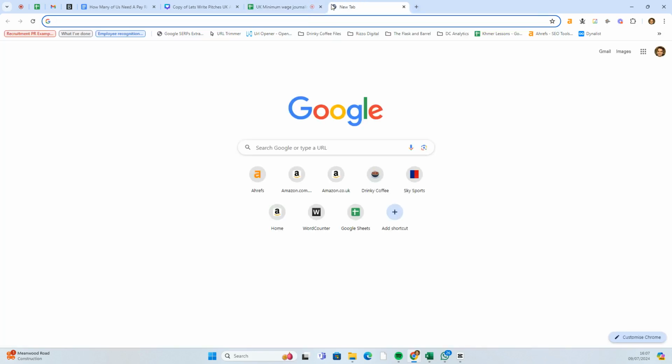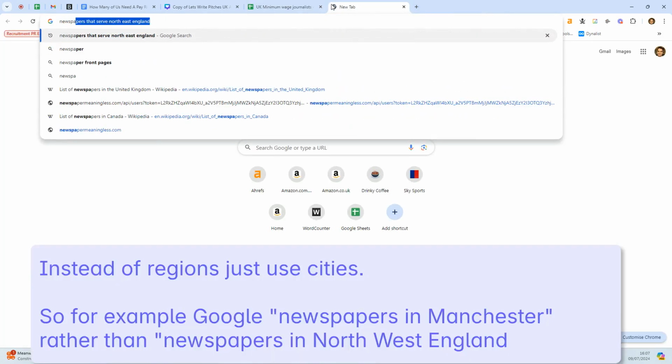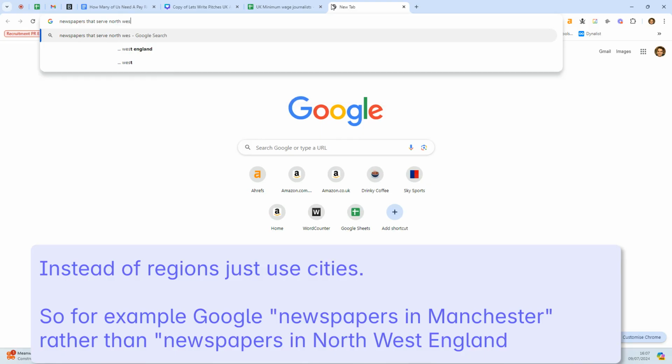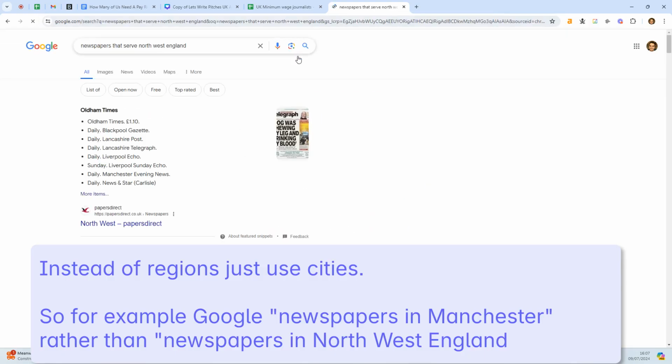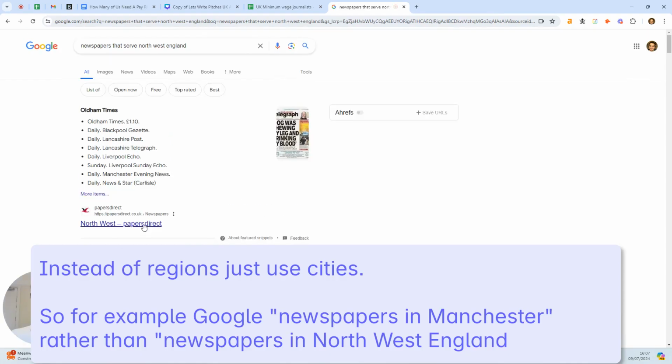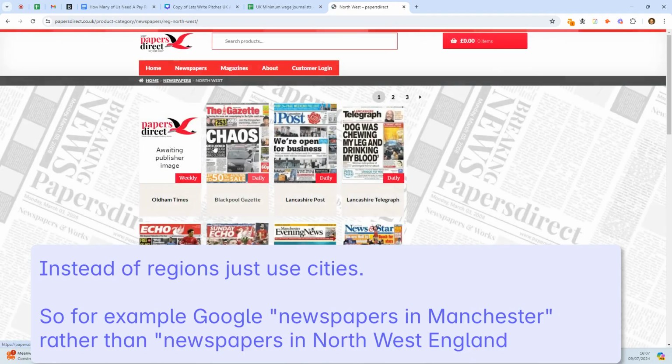So what you do is you first Google newspapers that serve North West England, and we've got a big list here.